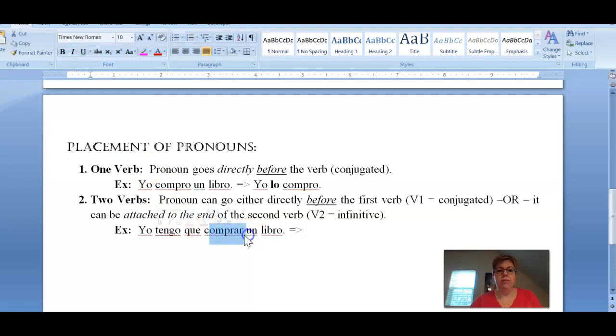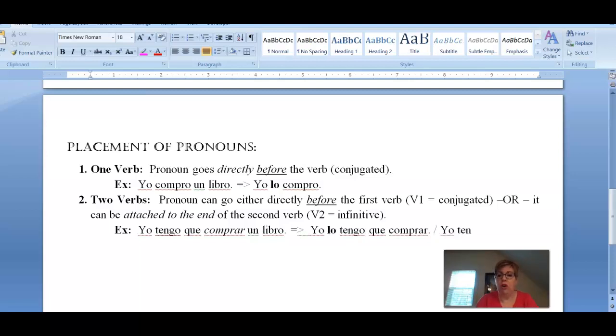So here's verb 2. See how verb 1, tengo, is conjugated, right? It's the verb tener, but I've conjugated it for the yo form. My second verb is comprar. It's not conjugated. It still ends in AR, okay? So with this option, I actually have two choices. I can either put it directly before the conjugated verb, verb 1, yo lo tengo que comprar, or I can attach it to the end of the second verb.